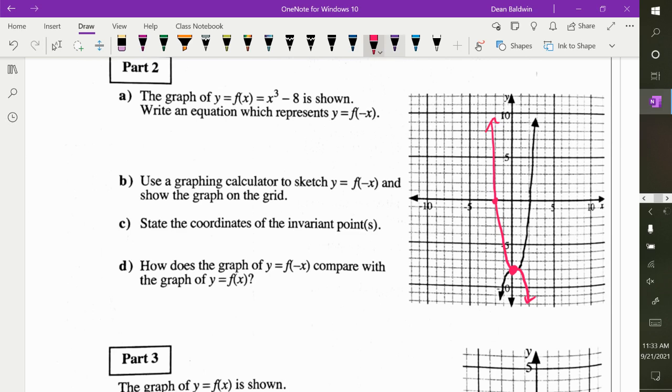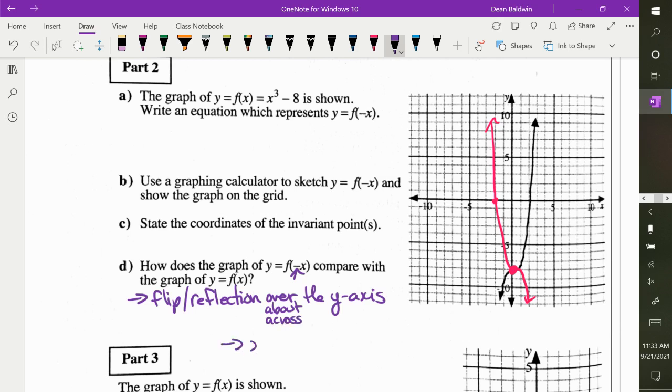So, what do we say in words? What does this thing do? What's the fancy way of saying this? It's a flip or a reflection over what axis? Over the y-axis. Now, just remember, they can also say about the y-axis or across the y-axis.